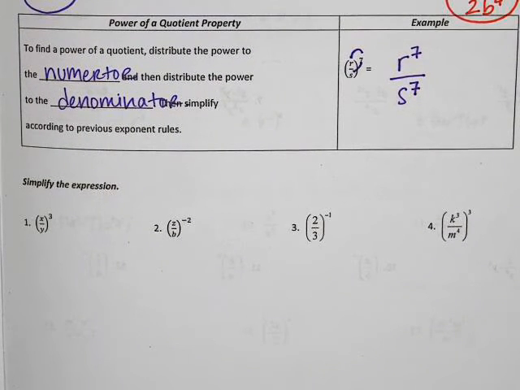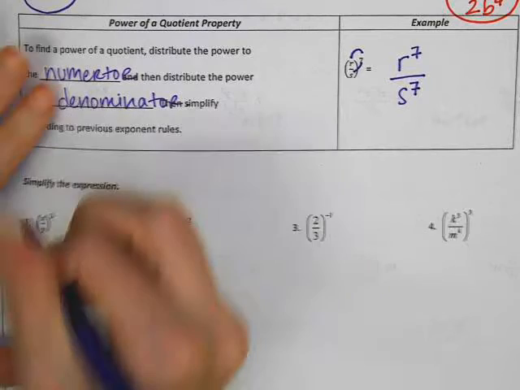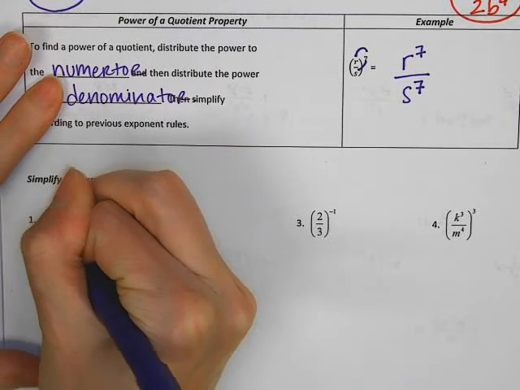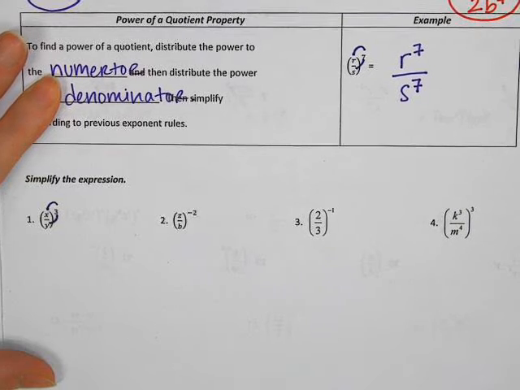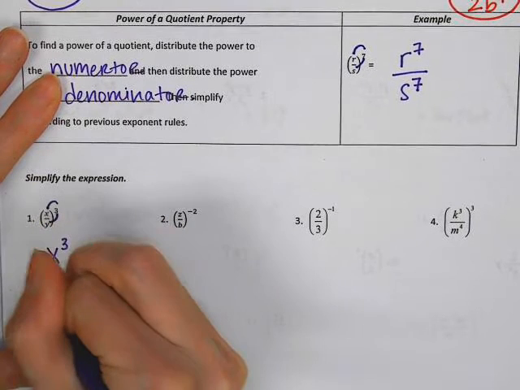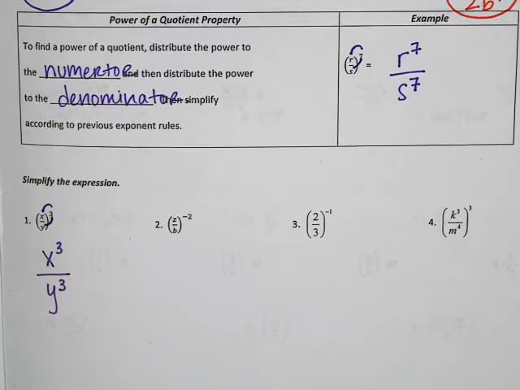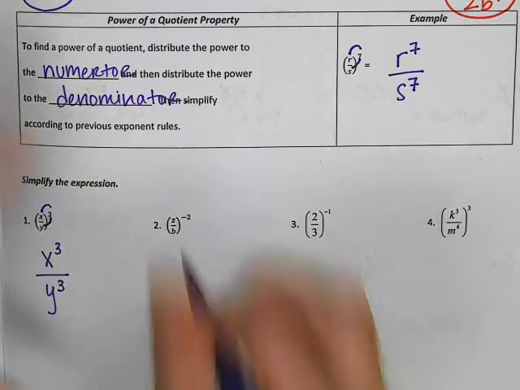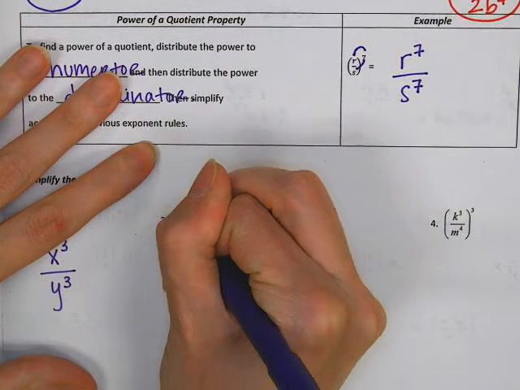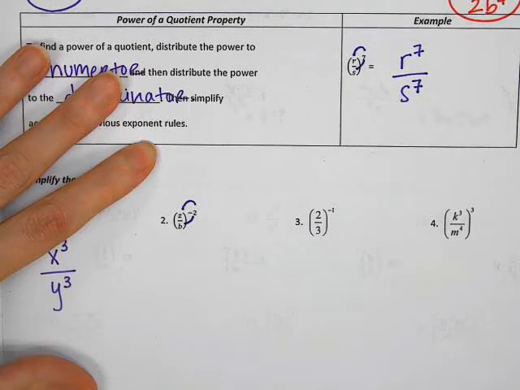All right, so let's try one of these, and then you guys can pause again and try, and then check. So number 1, same thing. If it's a fraction on the inside, distribute the cube to both. So it's x cubed over y cubed. They both get it. Same thing with 2. If it's z over b to the negative 2, they both get raised to the negative 2.